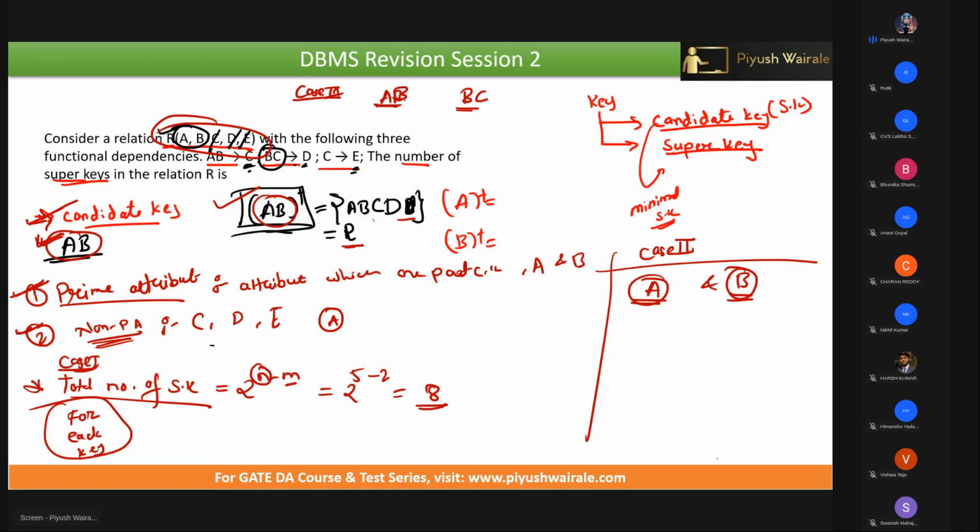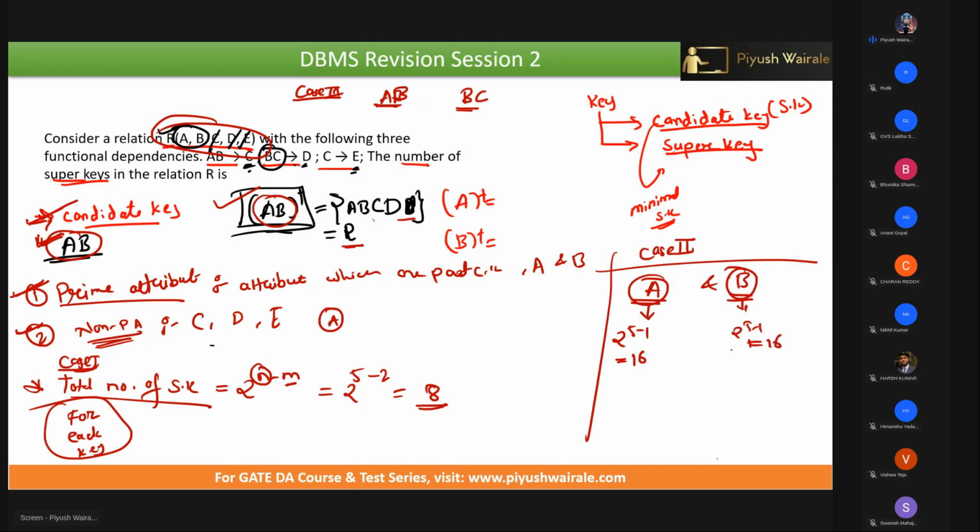So if any question has two candidate keys, first find out the number of super keys using one candidate key. Let's say for example A, that is basically 2 to the power 5 minus 1 for this relation, that is basically 16. Same for B as well, 2 to the power 5 minus 1, 16, right?